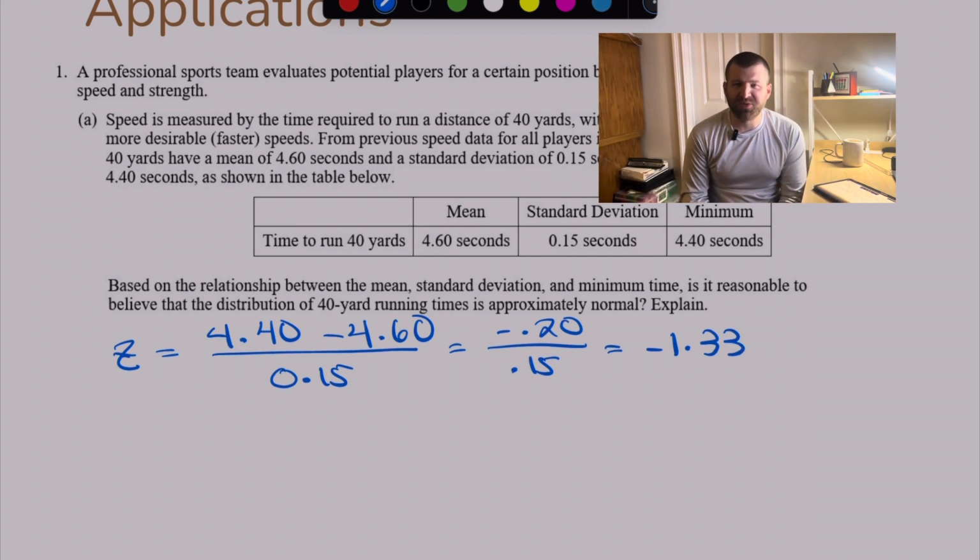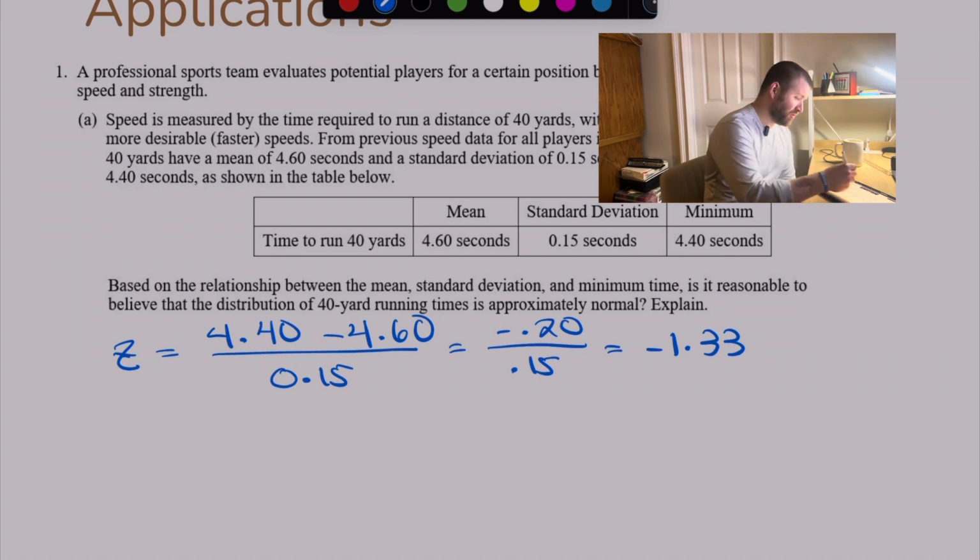You can round to 2 decimal places because the z-score table that you get with your exam also goes to 2 decimal places. This should be a huge red flag. The reason being is that if this was a normal distribution, I would expect the minimum to be somewhere in the vicinity of 3 standard deviations below the mean, not 1 1/3.